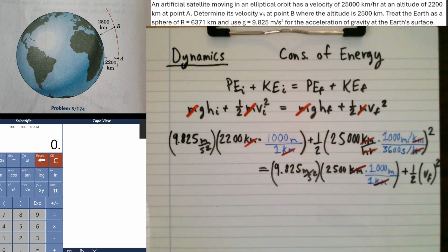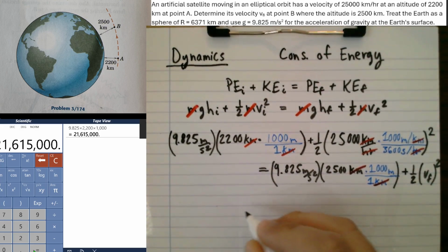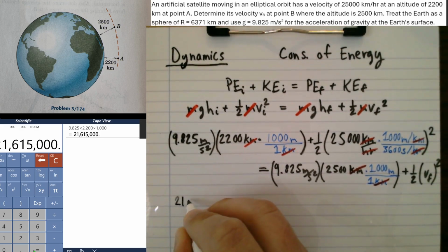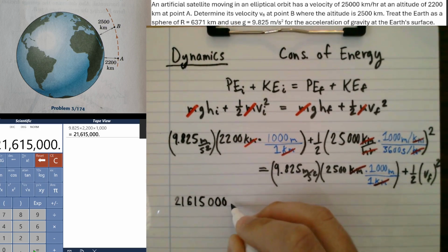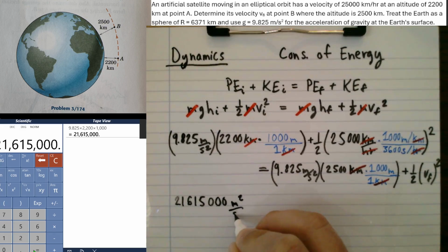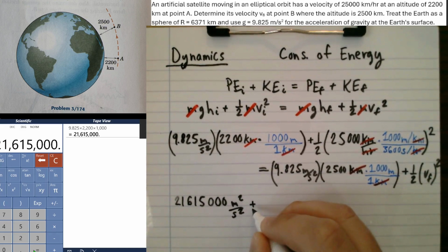So we have 9.825 times 2,200 times 1,000, and we have 21,615,000. So we have that here, 21,615,000 meters squared per second squared.